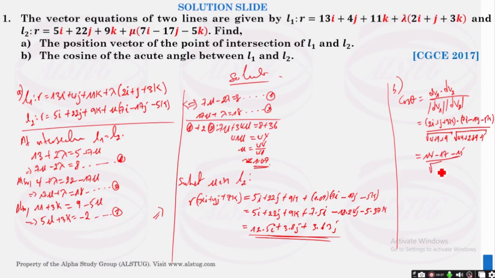divided by, forgetting our roots under there. Here we have 9, 10, 14, root, and there we have 289 plus 49 plus 25, that gives us 363.